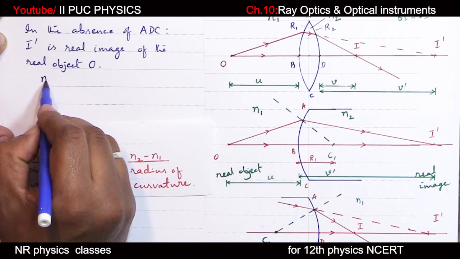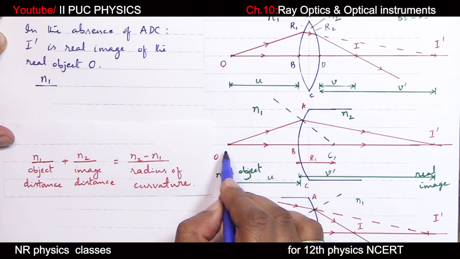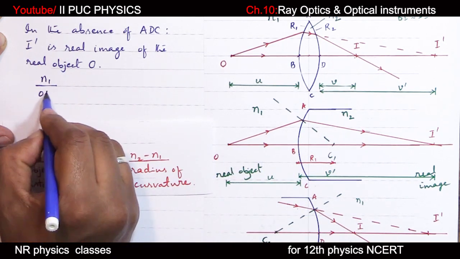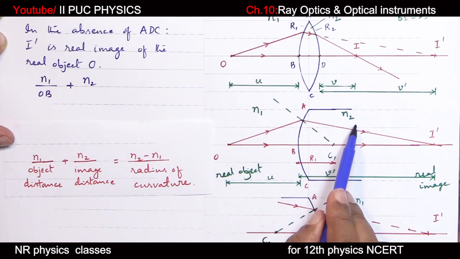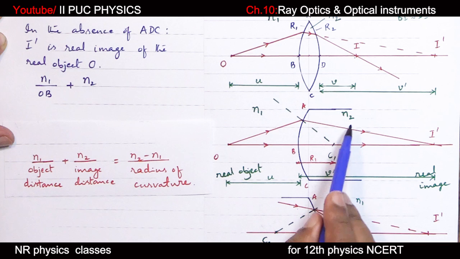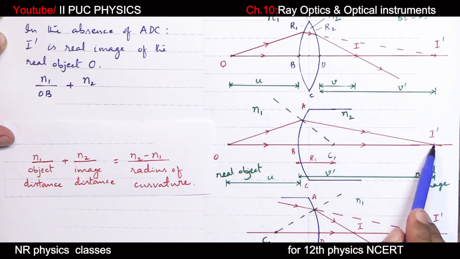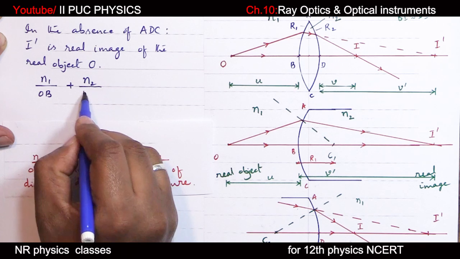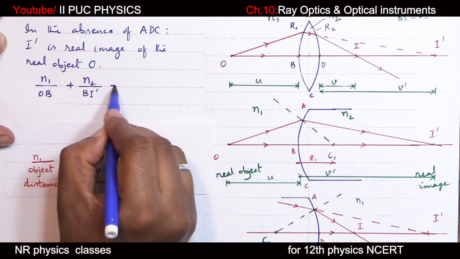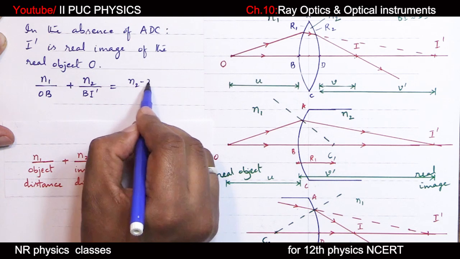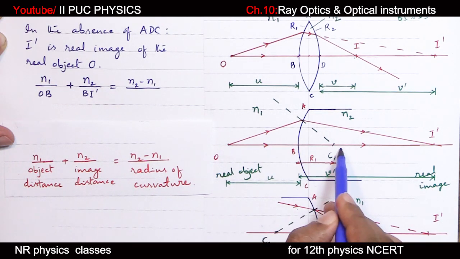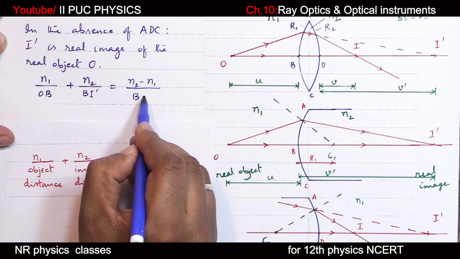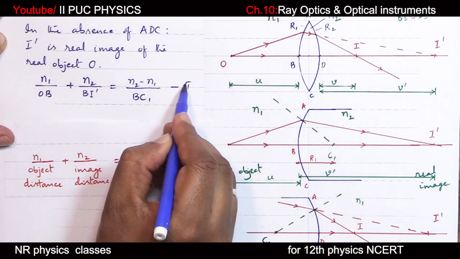So it is N1 by object distance OB, plus N2, the refractive index of image space, by image distance BI dash, equal to N2 minus N1 by radius of curvature. This radius of curvature is BC1. Let this be equation 1.